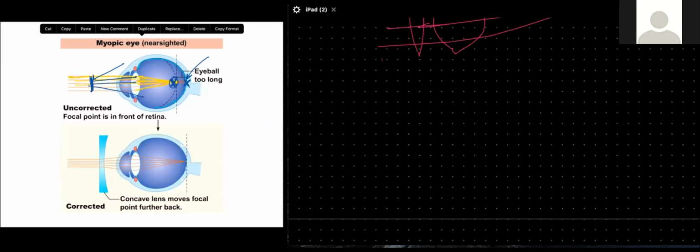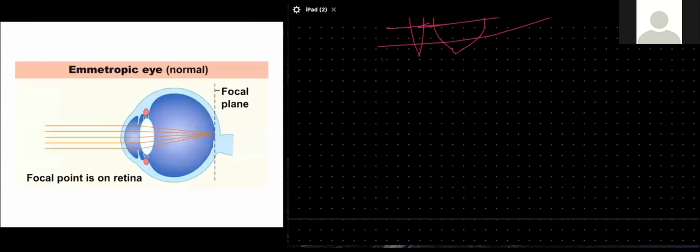Compared to a far object, which has parallel light rays, the convergence takes place before the light reaches the retina. For you to see an object clearly, it needs to be converged on the retina.